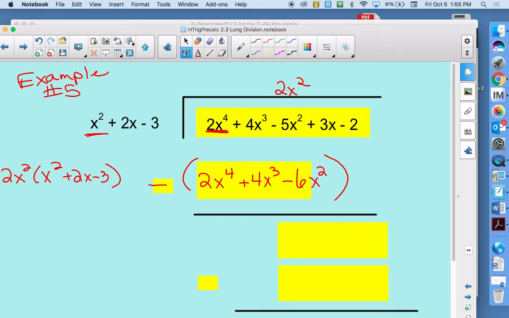Don't forget to subtract. So it's really a negative 4x cubed and a positive 6x squared.